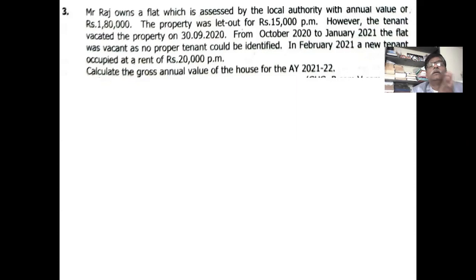Starting rent per month is 15,000 and February, March rent is 20,000. In a year, there are 12 months. Out of 12 months, last 2 months rent is 20,000, 20,000, that is 40,000. Before that, 15,000 is the rent. On the basis of that, you have to calculate gross annual value.